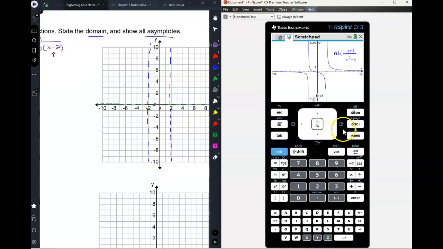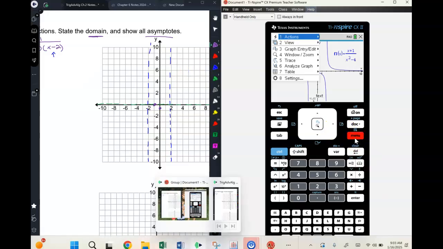Okay, so let me go back and trace a little bit more. Menu, 5, trace. Okay, so I put 2 in that region, and then let's go back up here. Let's just put one more, like negative 2.1 and negative 2.68.